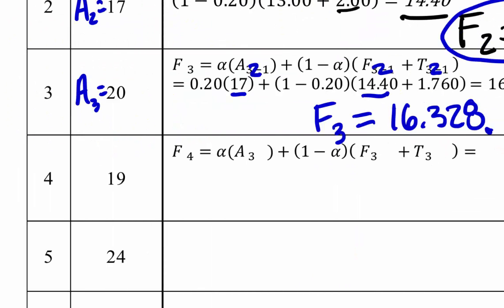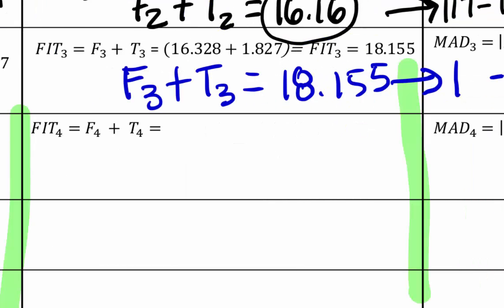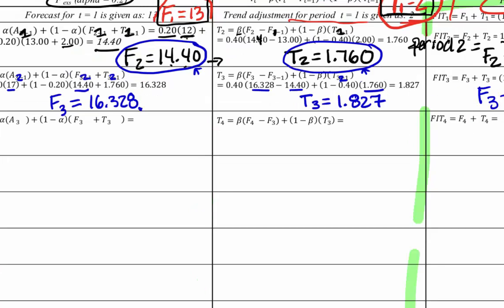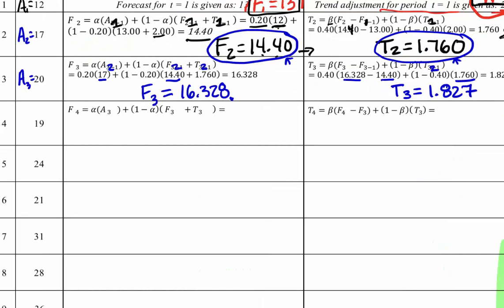So we'll go back over here and put that in. And 20 minus 18.155 is 1.845. So now let's go ahead down here to this next row. We're going to go back here. We're going to work on row number 4.